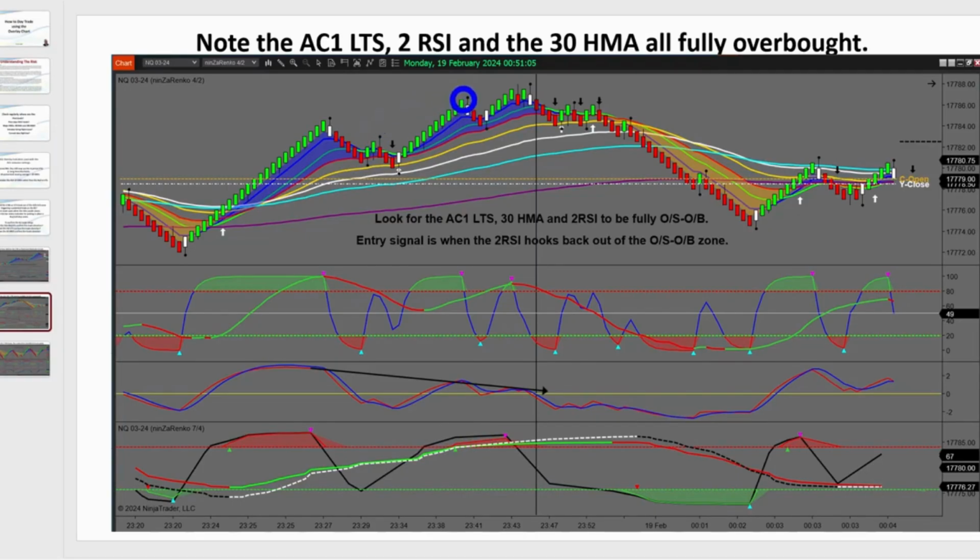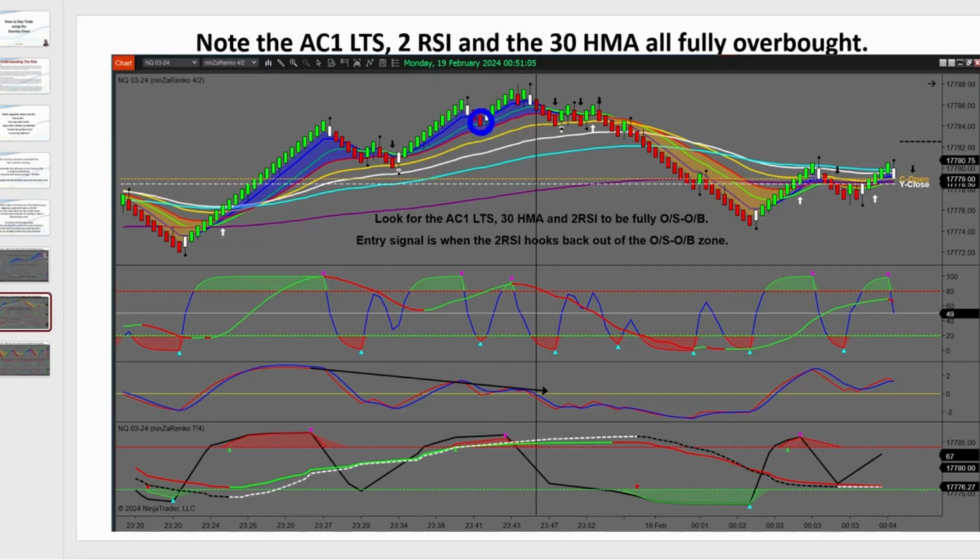Now up here we had a potential short. Now over here what we can see is the short-term stochastic, 2-period RSI, let me get this right, did not hook until around here. Would have kept you out of that one.